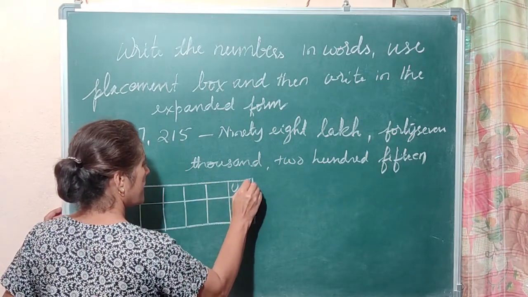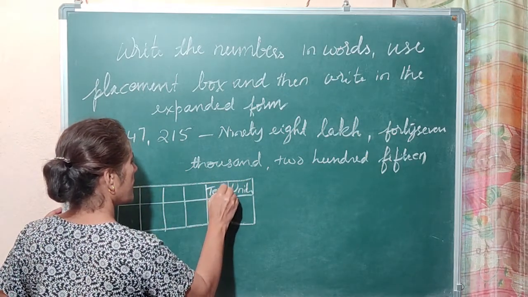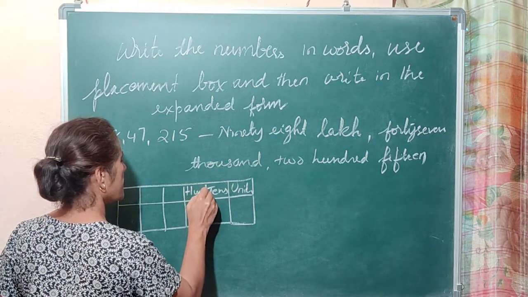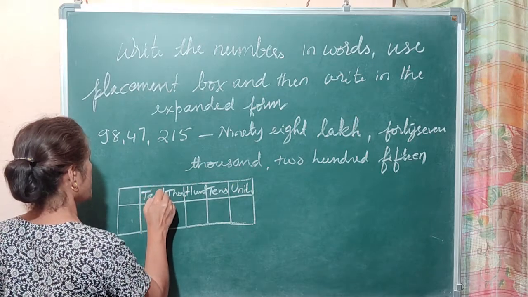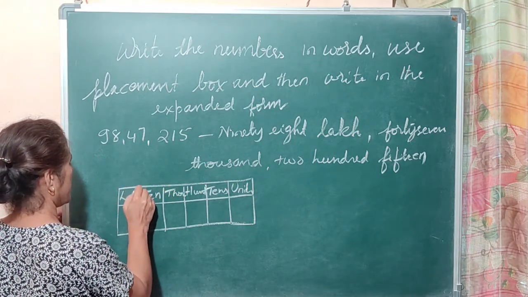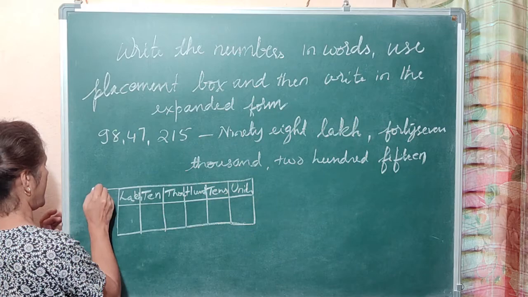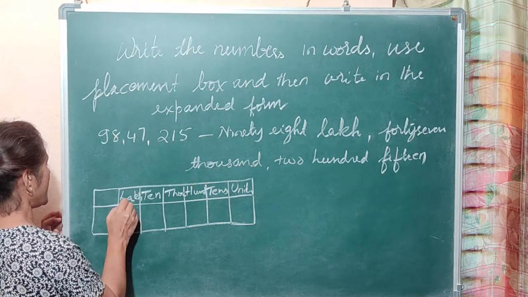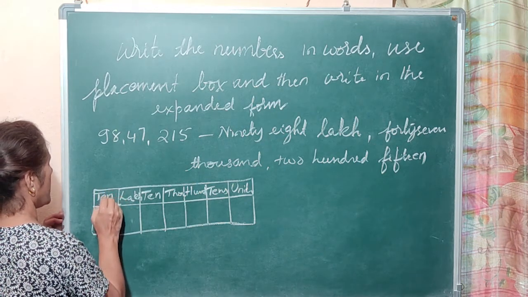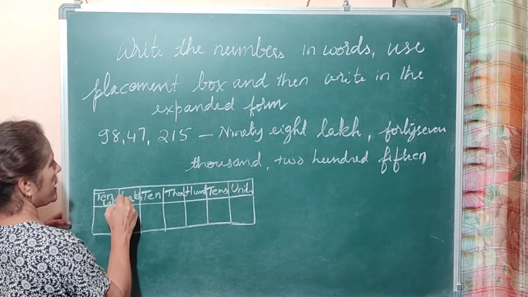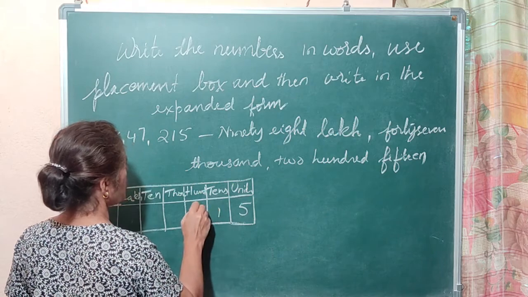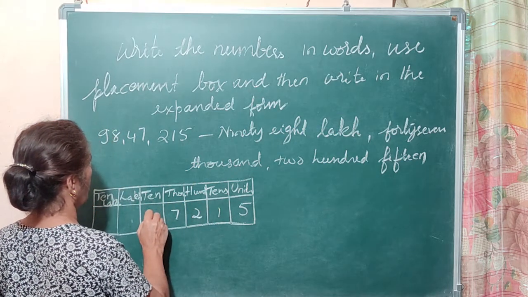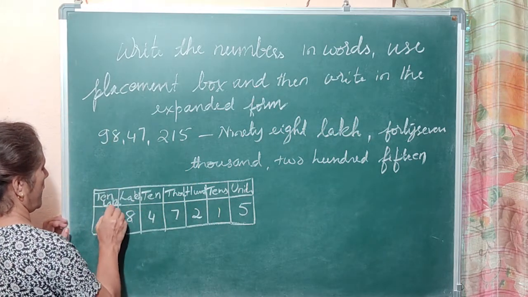Units, tens, hundreds, thousands, 10,000s, lakh. And 98 lakh is there, so 10 lakhs. Start filling the numbers from here: 5, 1, 2, 7, 4, 8, 9.